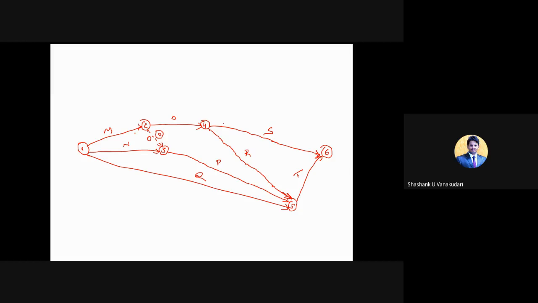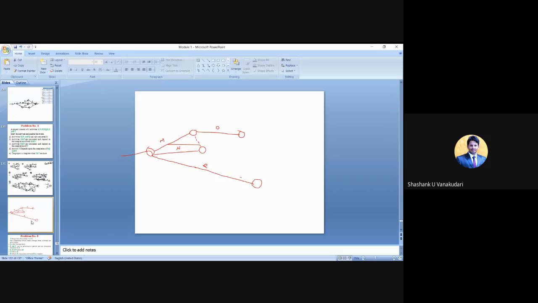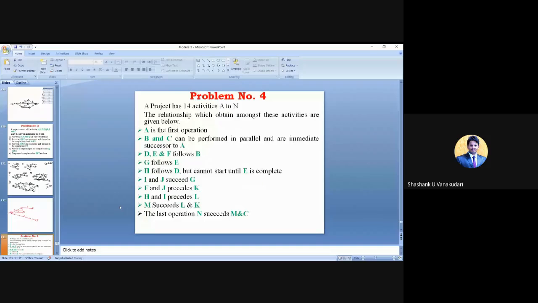Moving on to the next part, can I move ahead? Yes, sir. So moving on to the next problem, problem number 4. You need to solve this problem so that things get easier for you.